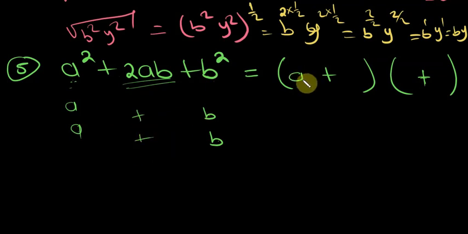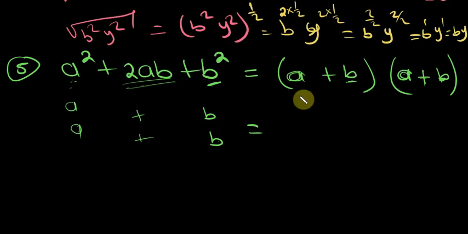So that will be a plus b and a plus b. So I look for terms that if I multiply them, I'll put a and a there. Then b times b gives you b squared. Okay, so let's see if this will give us this one. If I multiply these terms, what do they give me? b times b gives me b squared.